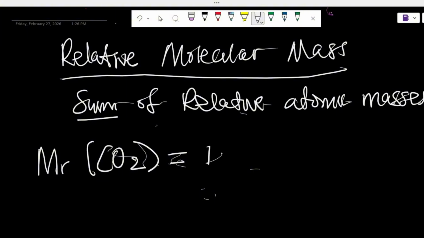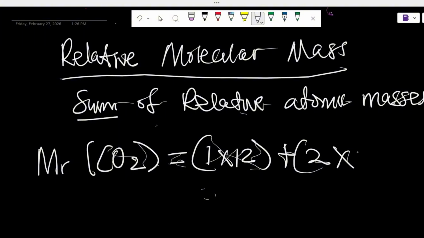Only one. So 1 times 12. And then we're going to add oxygen here. We have 2 oxygen atoms, so multiplied by its relative atomic mass, which is 16. And there we're going to have 44 as our relative molecular mass.